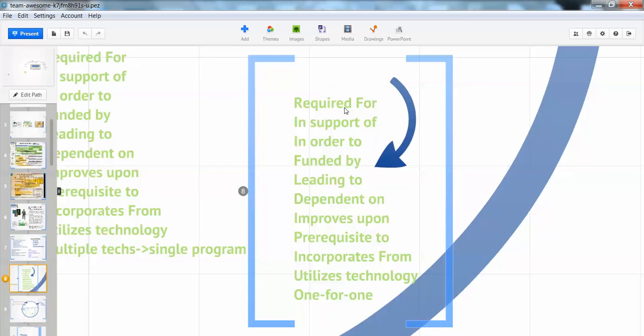So the cadets generated this list: required for, support of, in order to, incorporates from, utilizes technology, a one-for-one. All these are a list of everything they thought that arrow could mean, and as novices, they just didn't know. If there's one improvement on those slides, it would be to know what each arrow meant, some sort of qualifier on it.